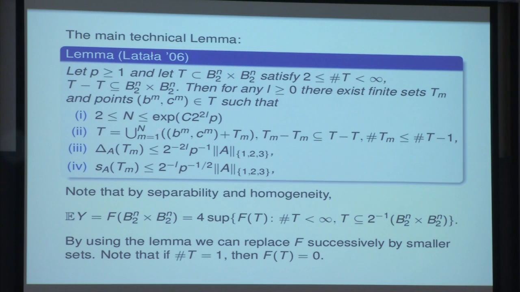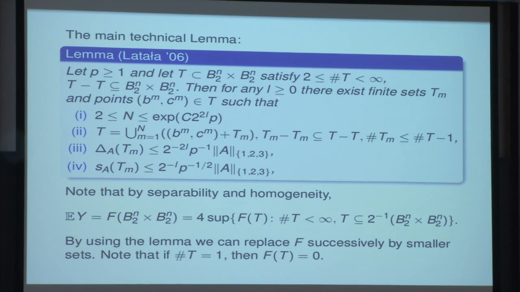For each L, we can get a decomposition like that, where you control the number of terms in the decomposition, and you control these parameters SA and delta A by this Hilbert-Schmidt-like norm of the matrix A divided by some quantities. As you can see, this becomes much smaller for delta A.